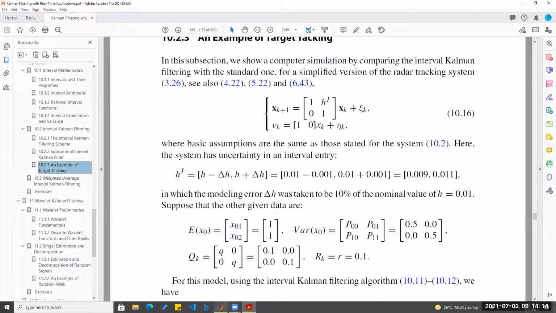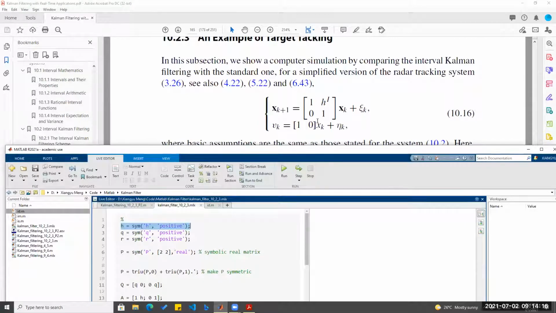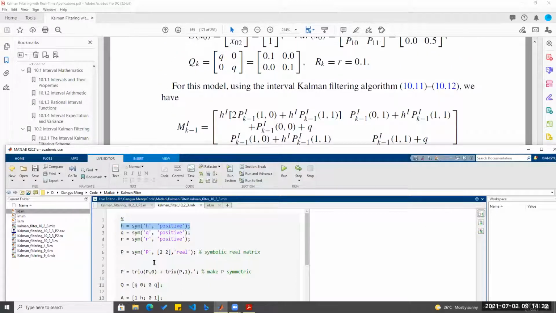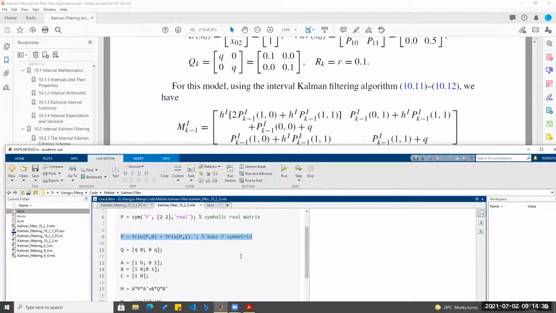You define the symbol H, then the Q, then the R. Then you define the P matrix. It's a symbolic matrix, a 2 by 2 real matrix. Then you want to make P symmetric, so you do this, and then P is symmetric.